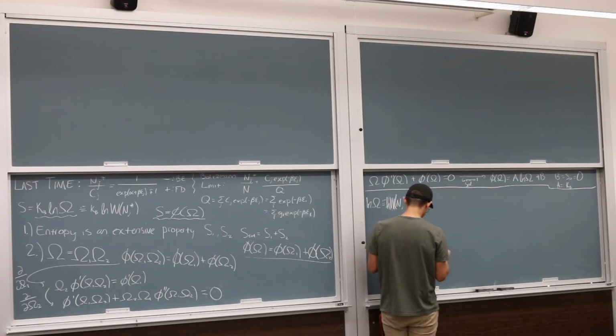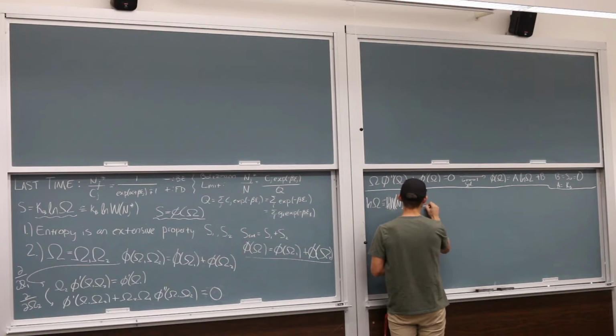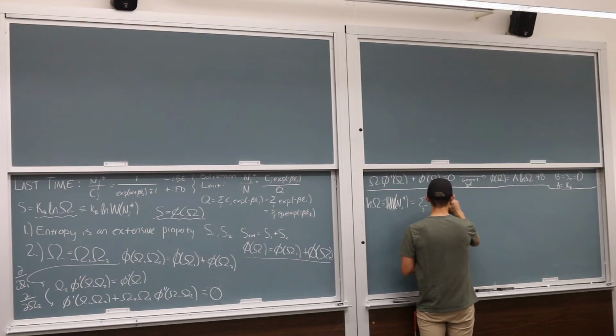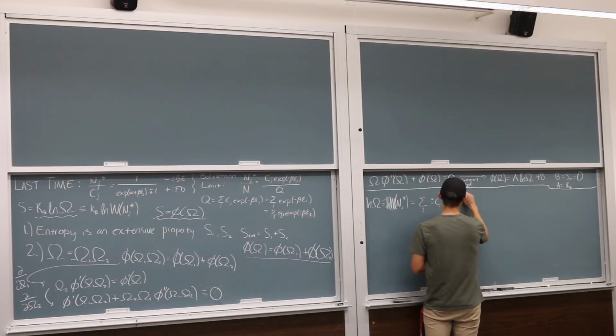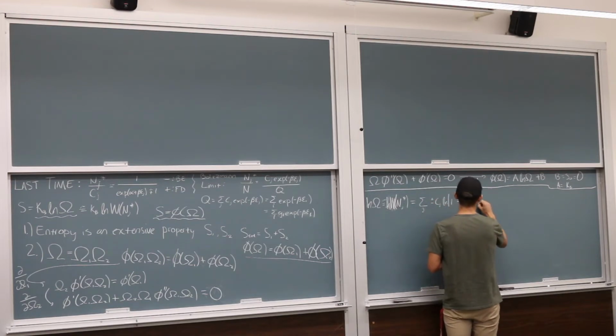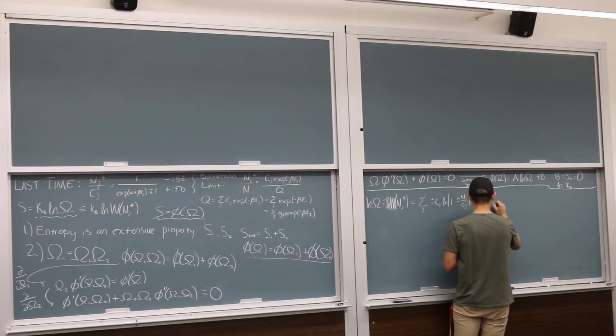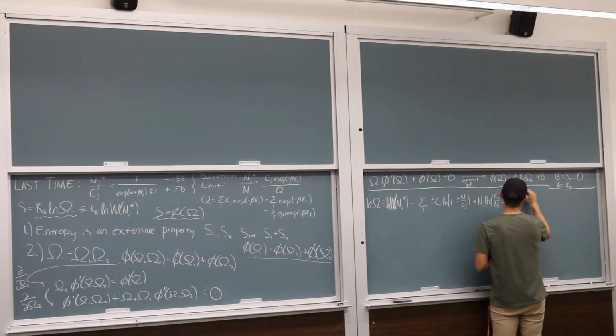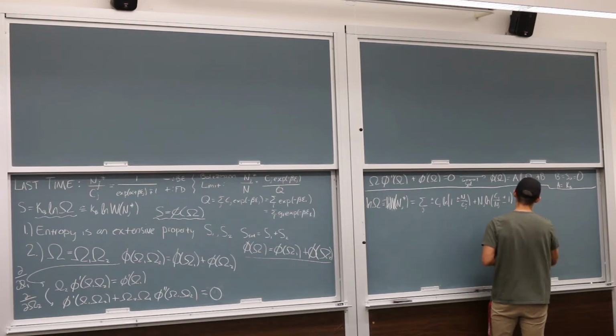Just to remind you what W of nj star is, you can look back at your notes: it's the sum over j of plus or minus cj natural log of 1 plus or minus nj over cj, plus nj natural log of cj over nj plus or minus 1, with the plus being for both statistics and the minus being for fermions in this case. This is before the sign flip occurred.